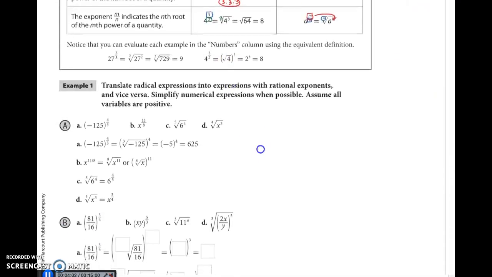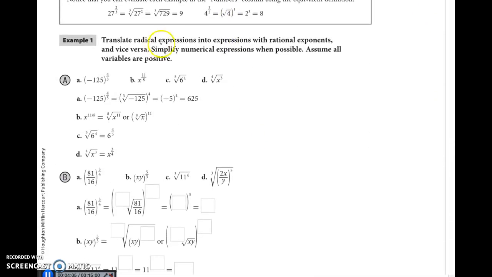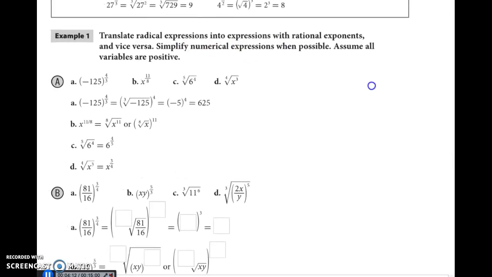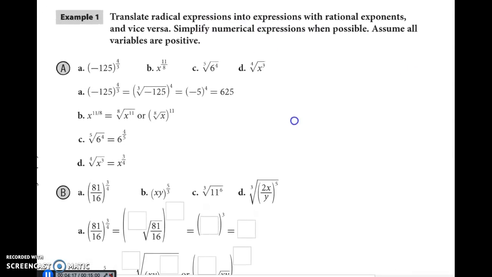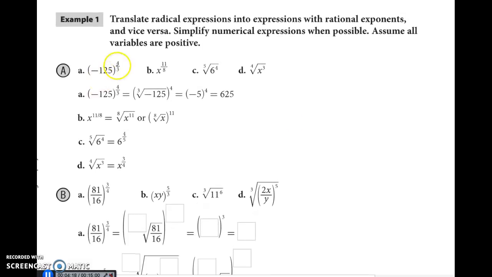Example 1 says to translate the radical expression into expressions of rational exponents and vice versa. Simplify numerical expressions when possible and assume all variables are positive. For a, if we want to rewrite this, we remember that the bottom is always my index, so that's why we have the cube root here.